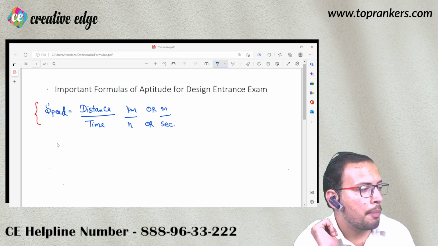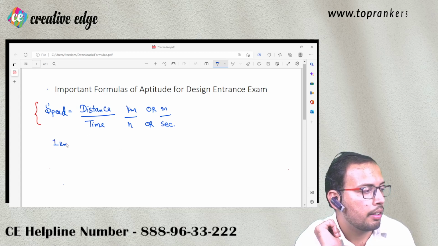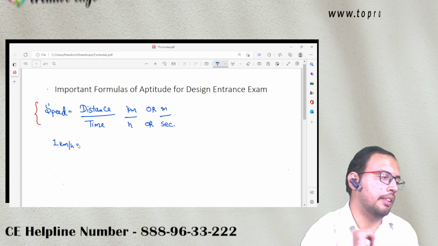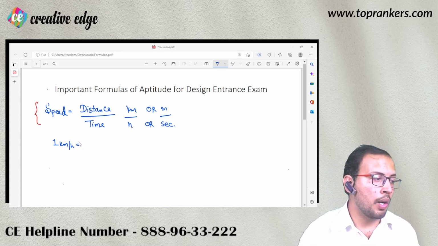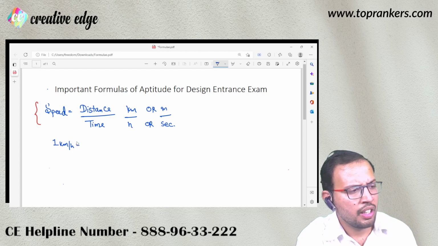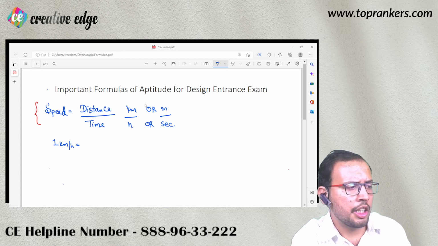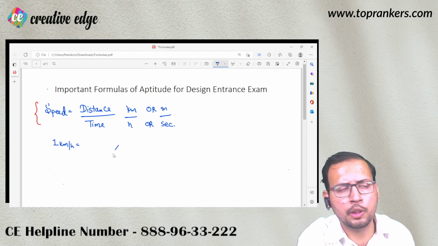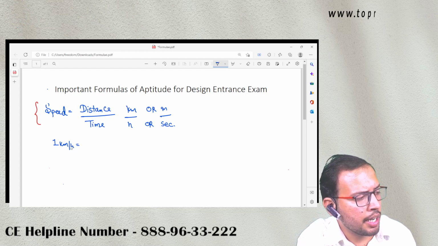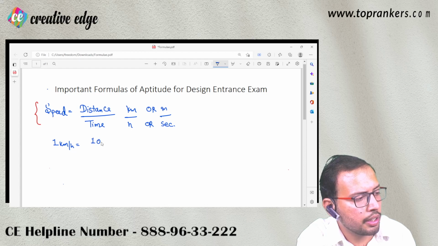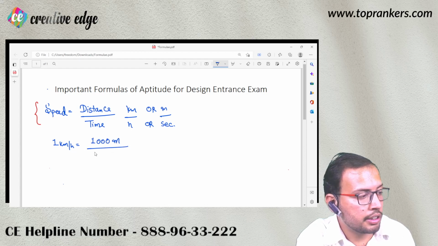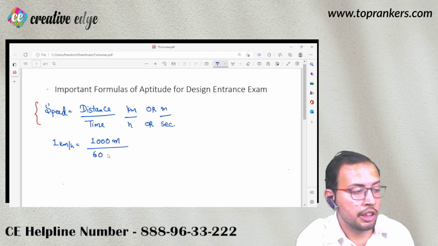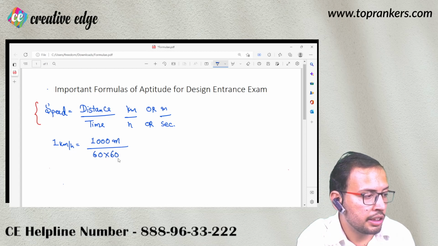So if I say 1 kilometer per hour, it simply means in 1 hour you are traveling 1 kilometer. Let us try to formulate the relation between kilometer per hour and meter per second. I know many of you must know this, but still let us derive it. 1 kilometer is 1000 meter, and 1 hour is 60 minutes, and 60 minutes is into 60 seconds.